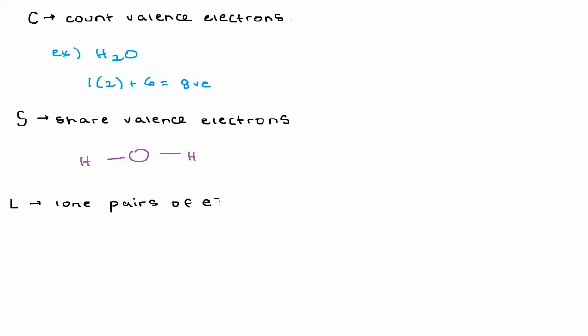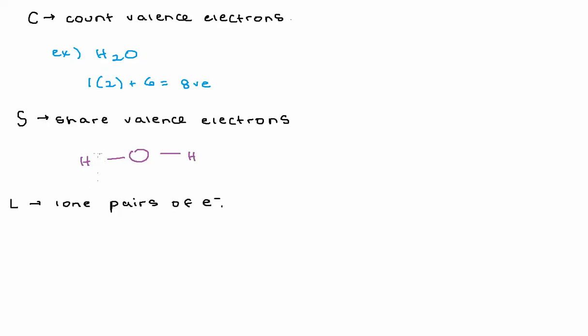Every atom for this class, except for hydrogen, needs 8 valence electrons. Hydrogen only needs 2 valence electrons. And so here, because we are sharing electrons, each line represents 2 electrons.